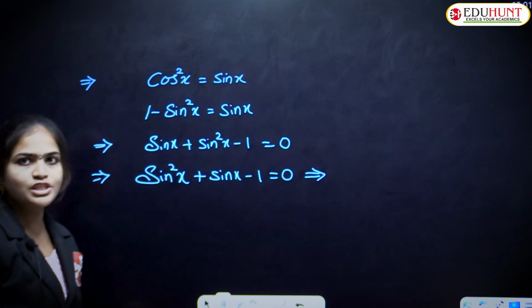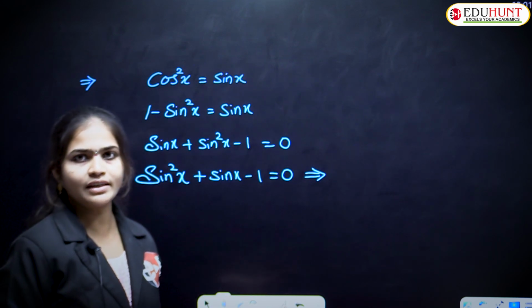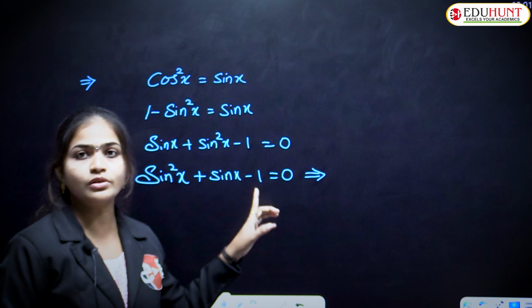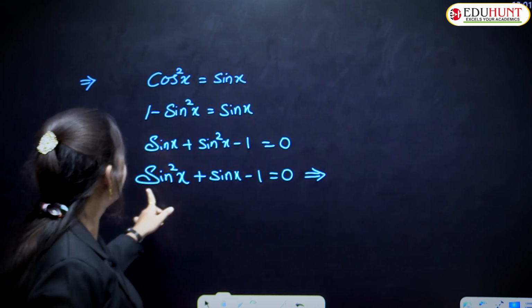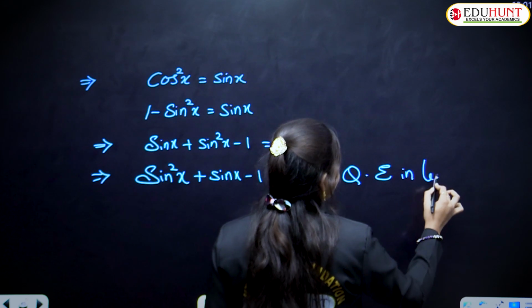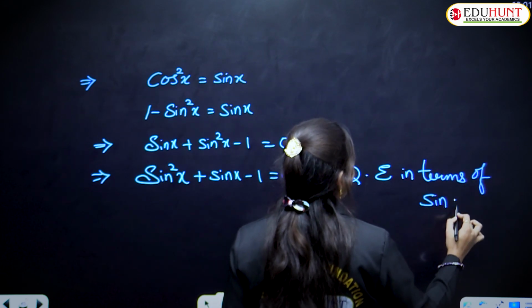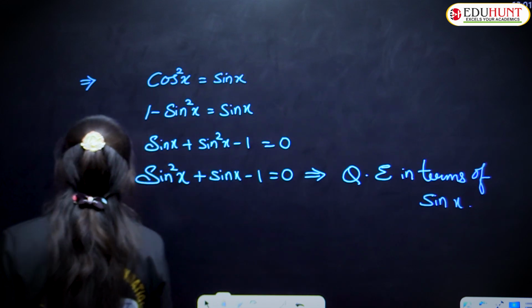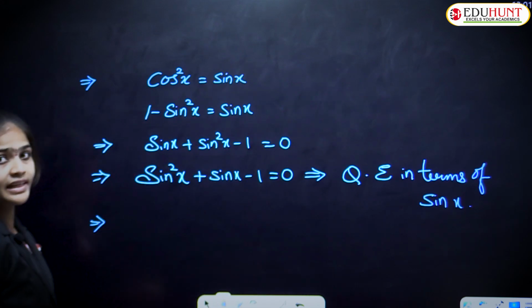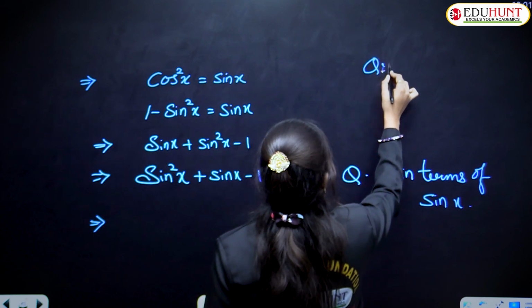Children, actually which equation is this? You may not know it, but you are habituated with that equation, because in worksheet 3 I told you about the quadratic equation. So this is a quadratic equation in terms of sin x. We also discussed the quadratic formula previously.